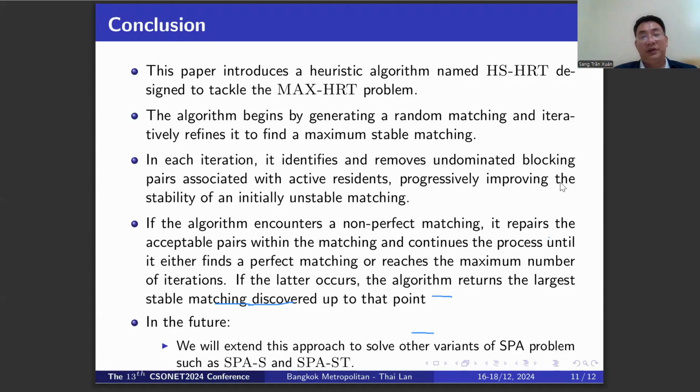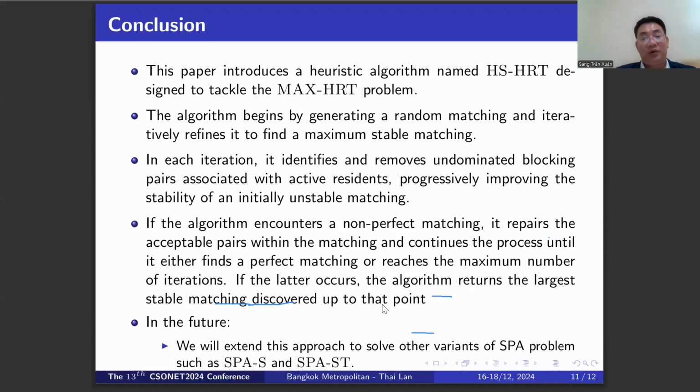In each iteration, it identifies and removes an undominated blocking pair. If the algorithm encounters a non-perfect matching, it repairs the acceptable pair within the matching and continues the process until it finds a perfect matching or reaches the maximum number of iterations. If the latter occurs, the algorithm returns the last stable matching.